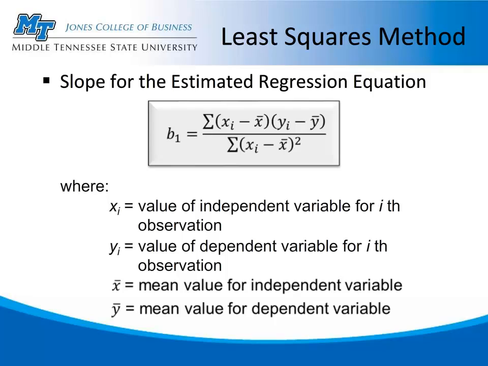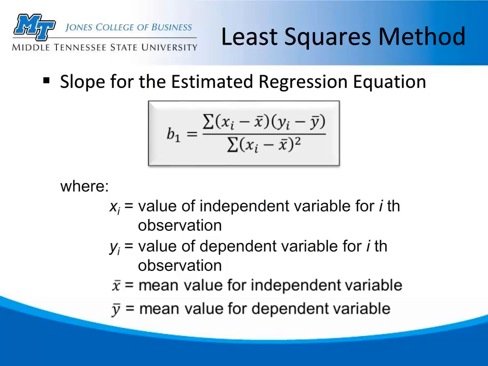It's the sum of the squares of the deviations from the mean for the independent variable, for the x. That number is used in the calculation of the standard deviation of x. You take the sum of the squares of the deviations from the mean, divide that by n minus 1 and take the square root, and you have the standard deviation.